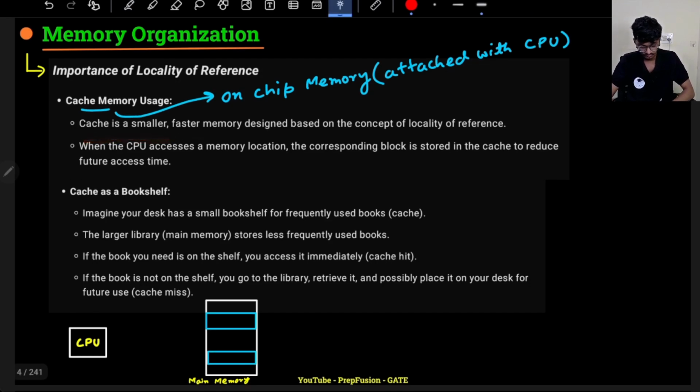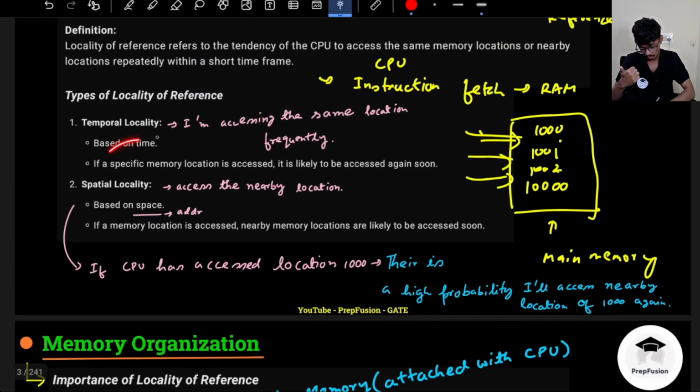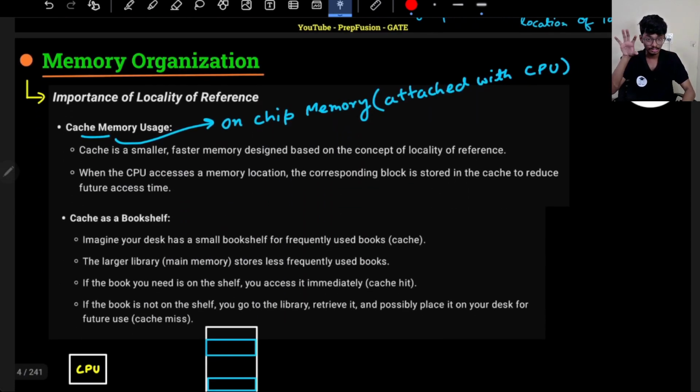Okay, so let's read. Cache is a smaller, faster memory designed for the concept of locality of reference. When the CPU accesses a memory location, the corresponding block, the nearby locations, whether it is temporal locality or spatial locality, is stored in cache memory.